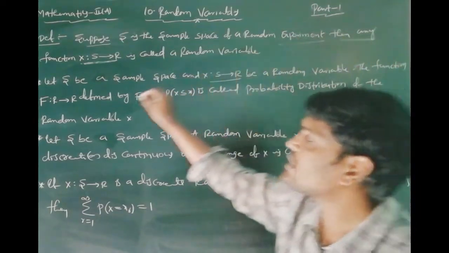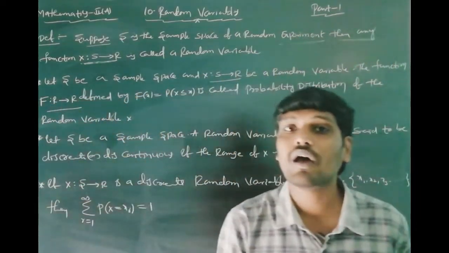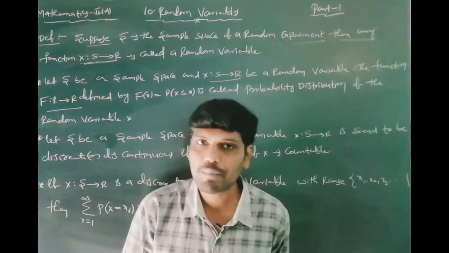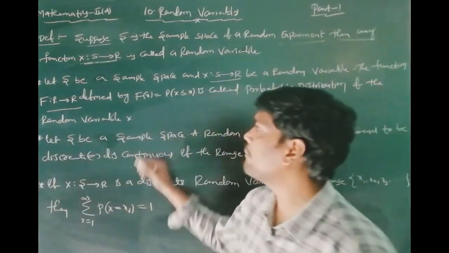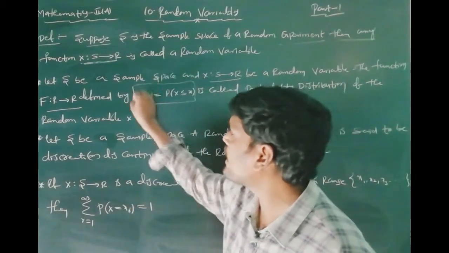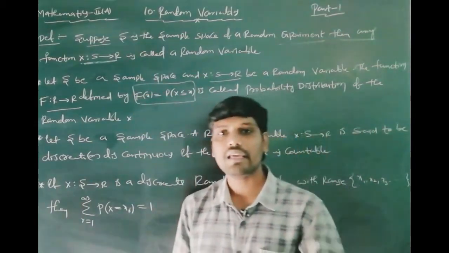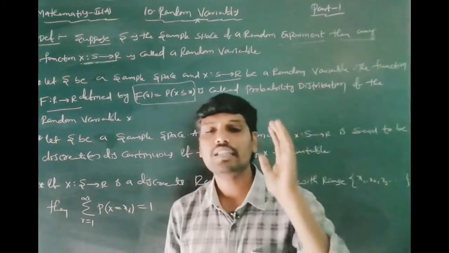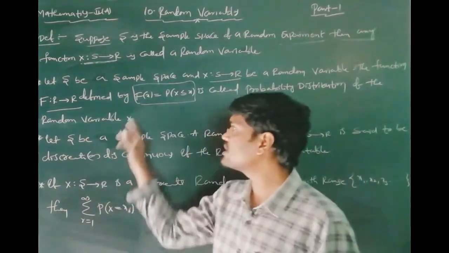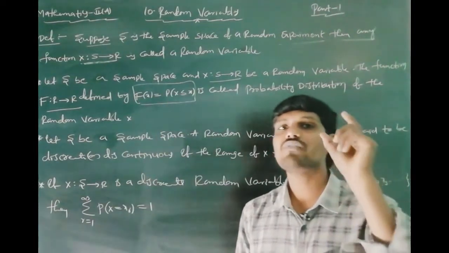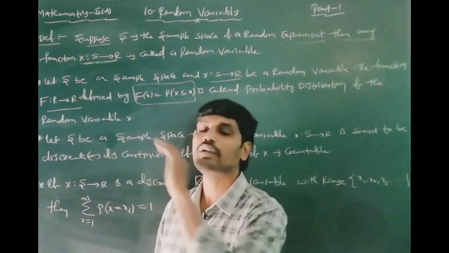Then the function F from R to R, any one function from real numbers to real numbers, is defined by F of x equals probability of capital X less than or equal to small x.